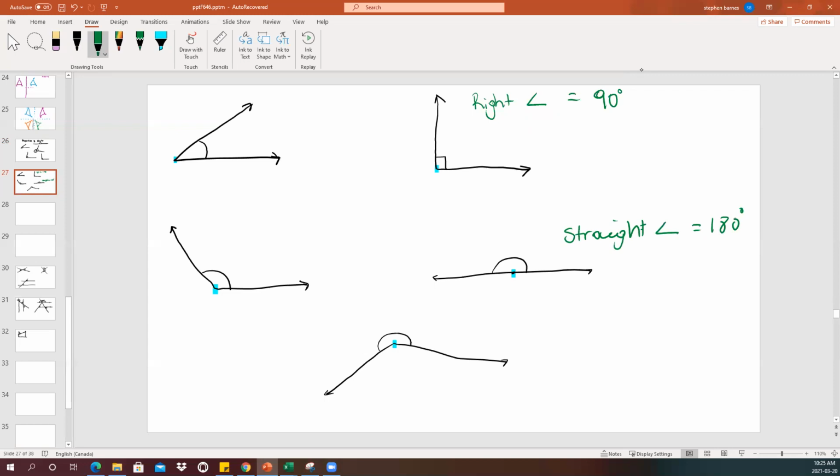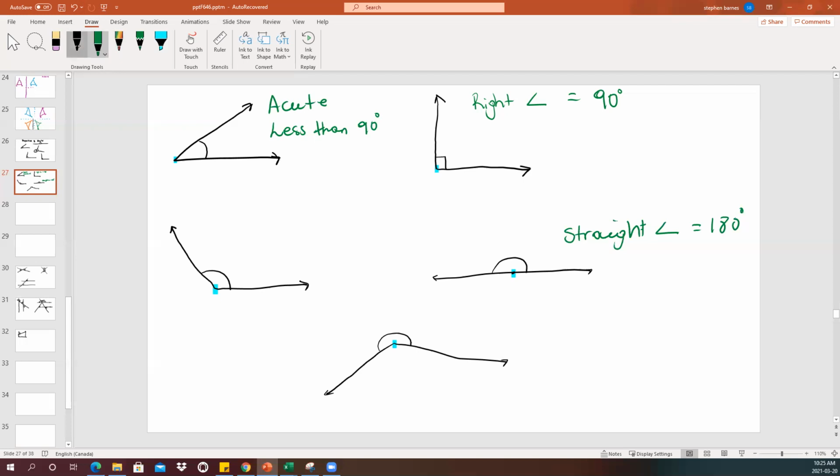Now up here, top left, is what we call an acute angle. And acute angles are less than 90 degrees.